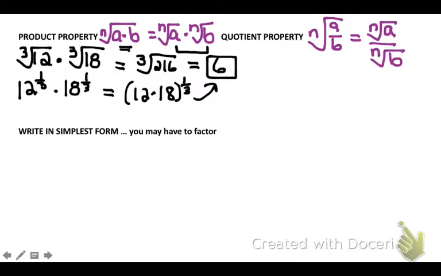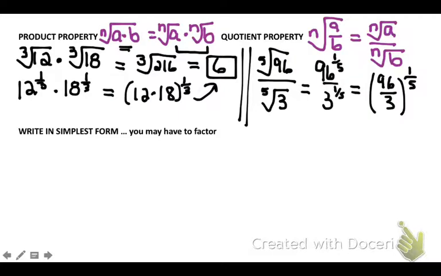Now let's look at the quotient property. All right, so I started it already. We have 96 with the root of 5 and 3 with the root of 5. Then I rewrote it using exponents. So after I did that, I'm undoing the problem.